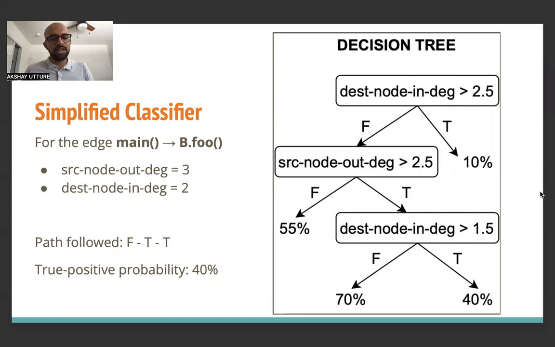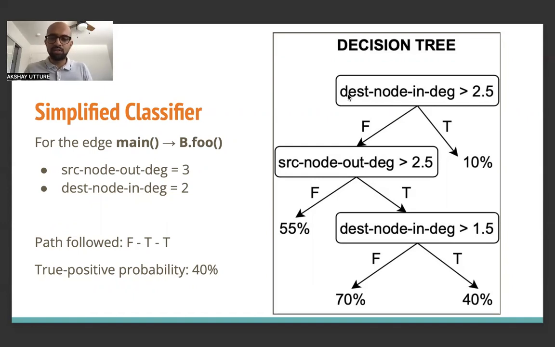What this classifier is going to do is examine an edge and give out a probability that the edge is a true positive. And this decision tree classifier here uses two features in its nodes. A feature is some information about the edge that will hopefully help us decide whether or not it's a true positive.